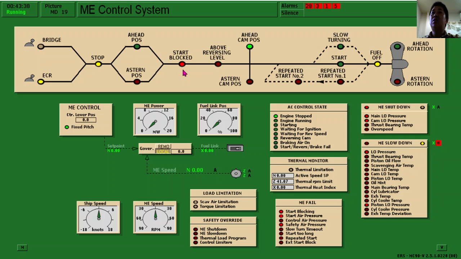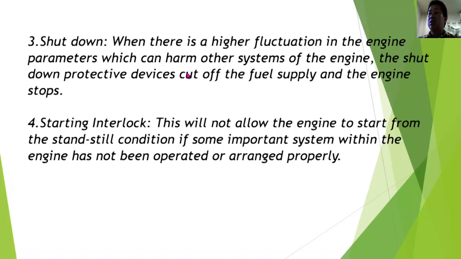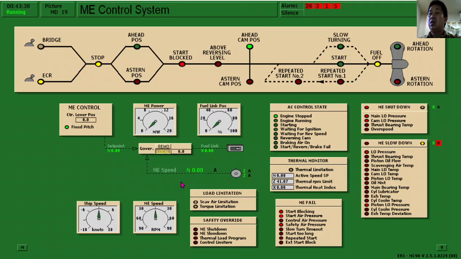So this start block is called start interlock. That is the mechanical system. Another system is associated with the electrical system, also start interlock. This is the mechanical system, this is the start block.